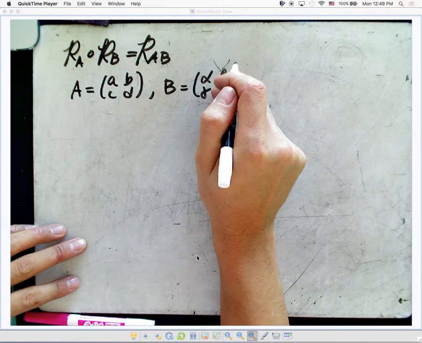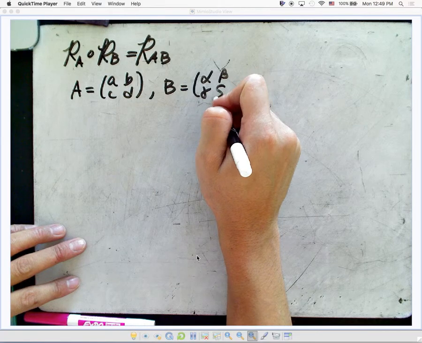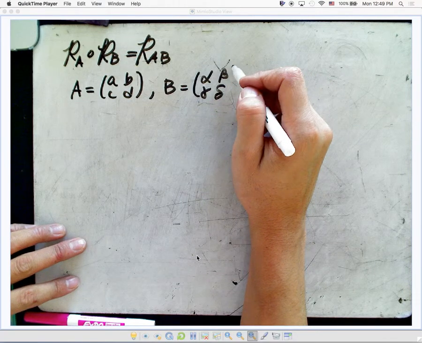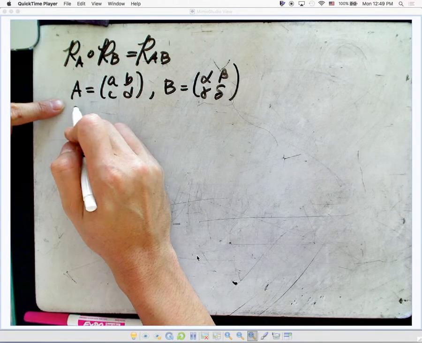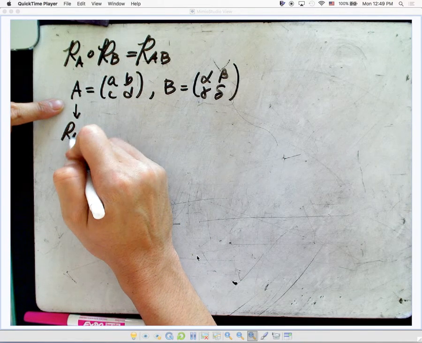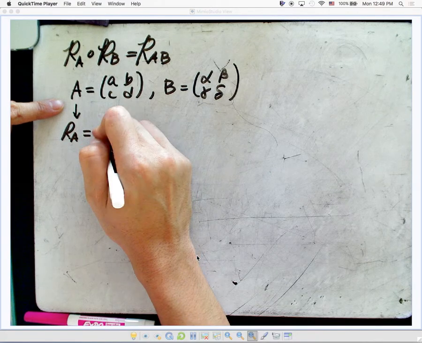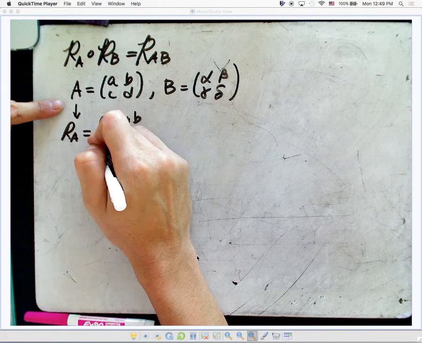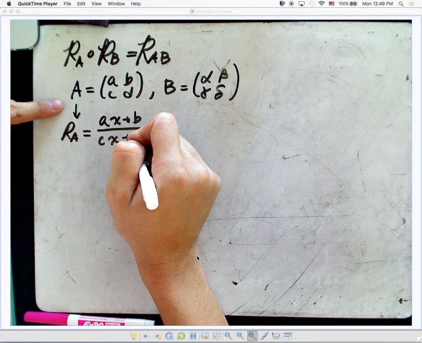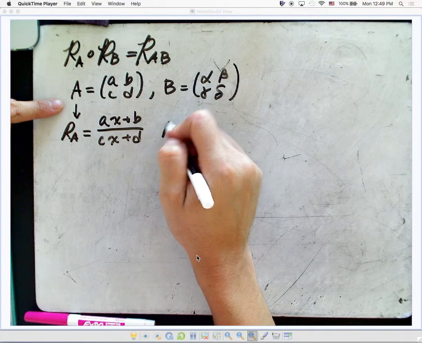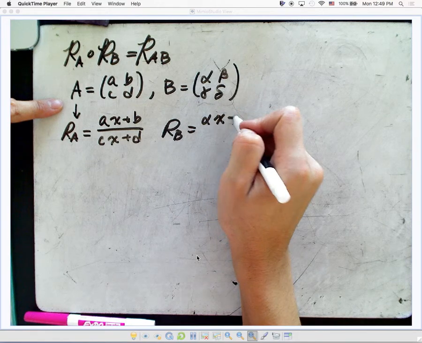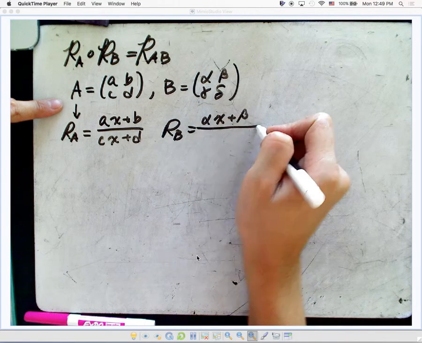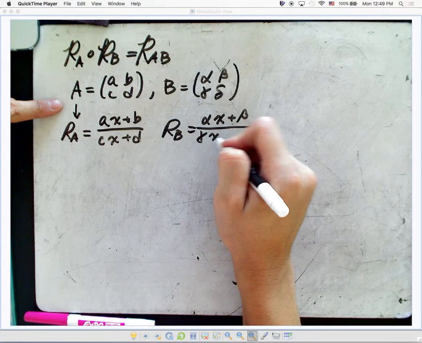Okay, so if A is that matrix, then R of A is (aX + b) over (cX + d). Therefore, R sub B will be (alpha X + beta) over (gamma X + delta).